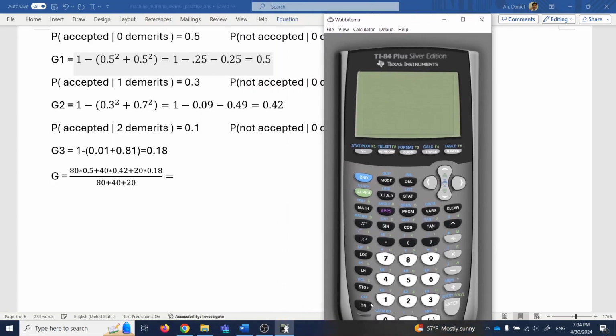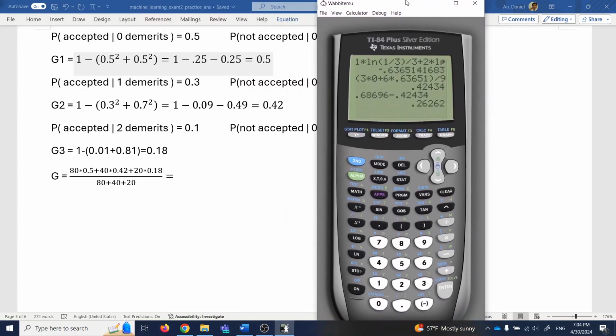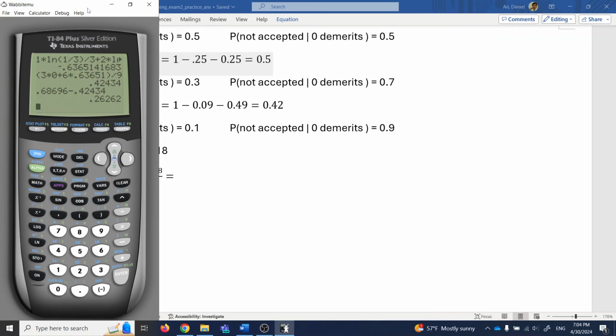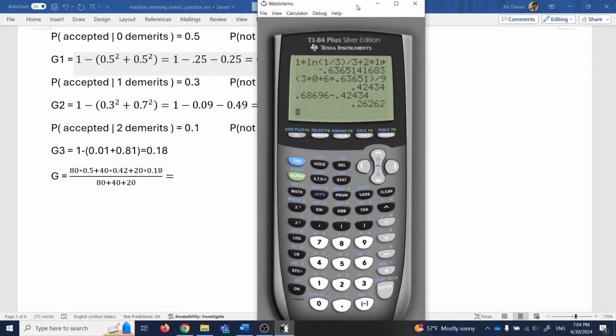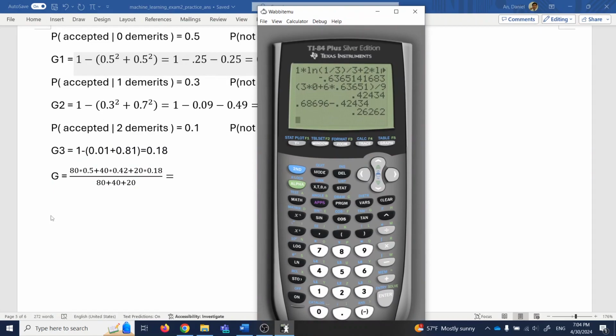Okay. So we have 40, because 0.5 times 80 is 40, so let's just put 40. Then plus 40 times 0.42, I'll just write that down, plus 20 times 0.18.